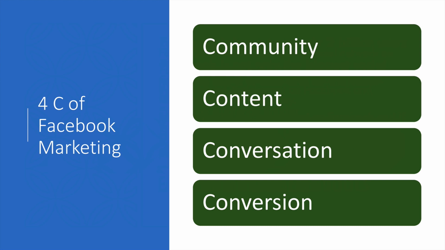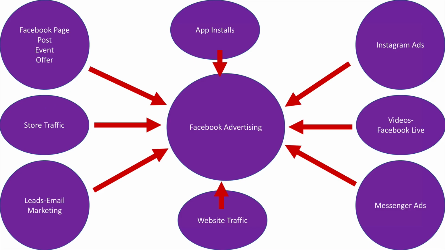But even if you are trying to come up with a campaign for Twitter and LinkedIn, always remember these four C's. You have to use your content to build a community through conversation, which will eventually lead towards the conversion. So these four C's are very important for any kind of social media marketing, especially for Facebook.